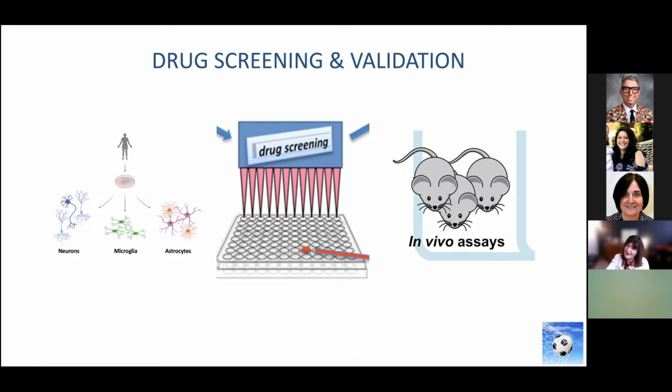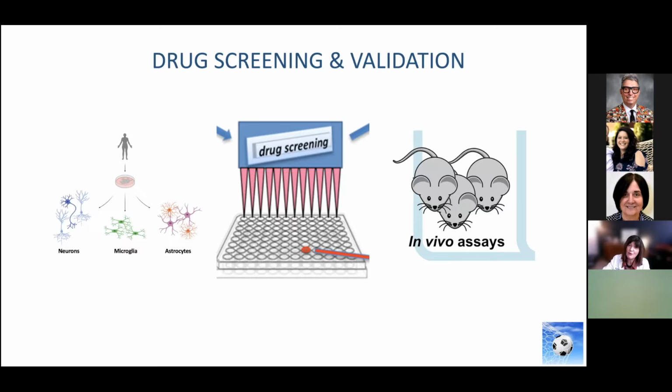But in the meantime, we can use now these patient cells to put them in 384, 1500 mini wells, and really do a high throughput screening of any drugs that target either a specific target or a pathway that we think is shared by every ALS patient.